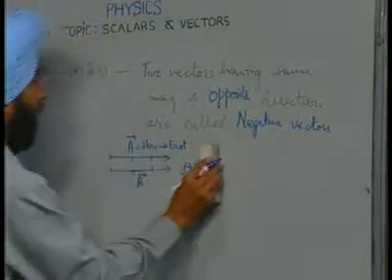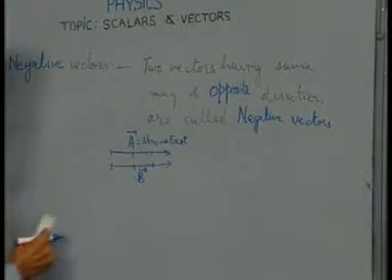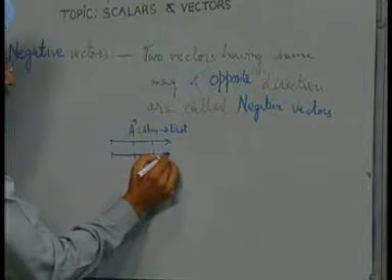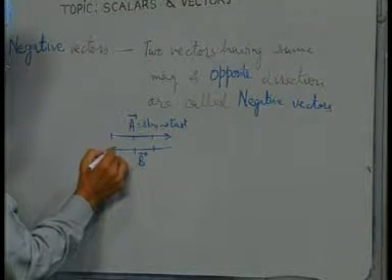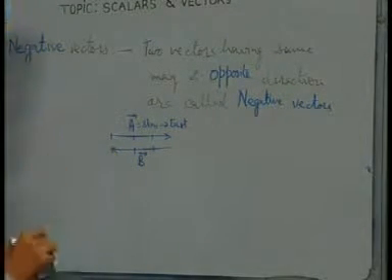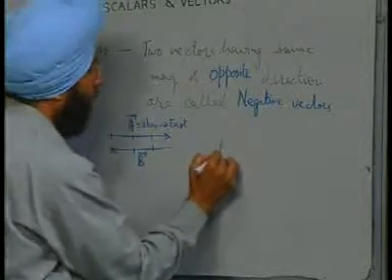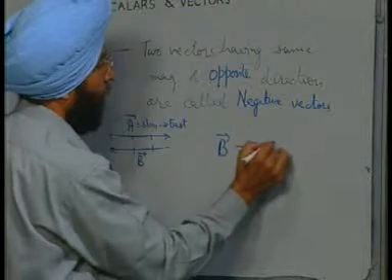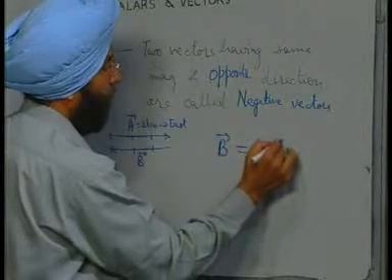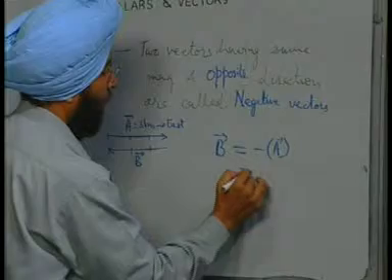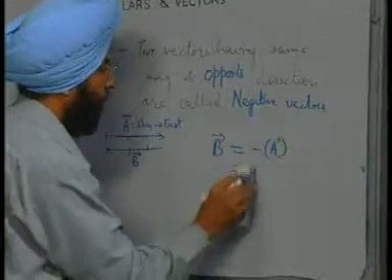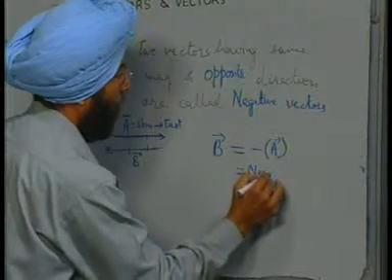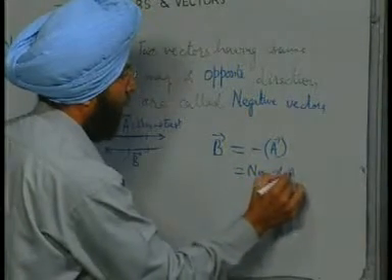Here we have these vectors A and B. If we change the direction of B to opposite of A, then we can call vector B equal to negative of A vector.